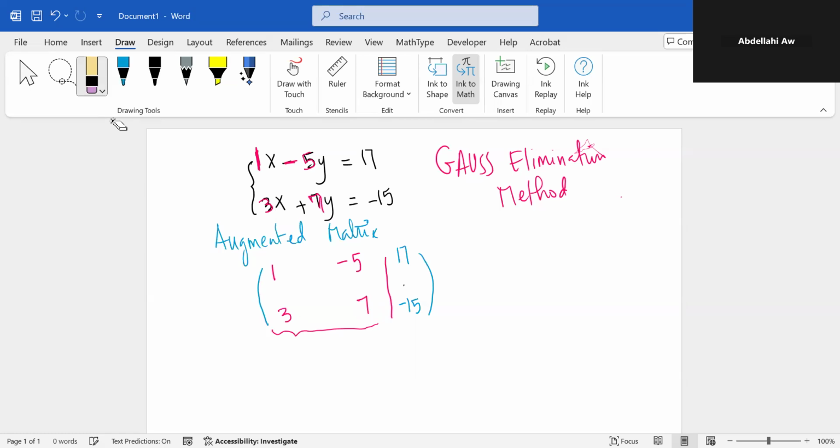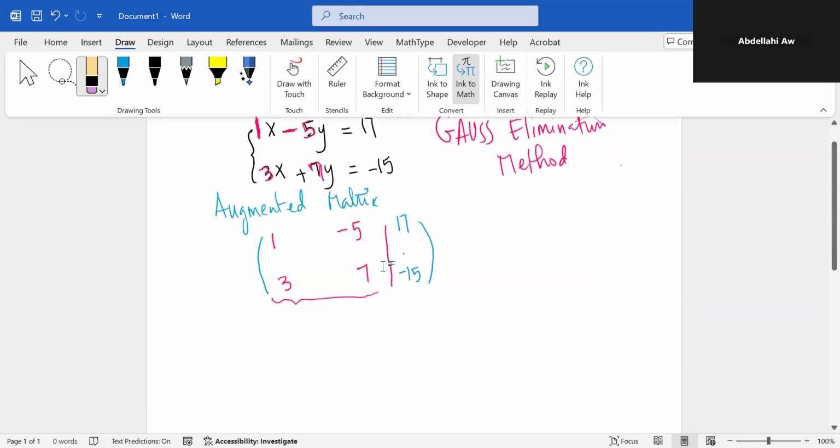augmented matrix. Now for the Gauss elimination, we always want this one to be 1.